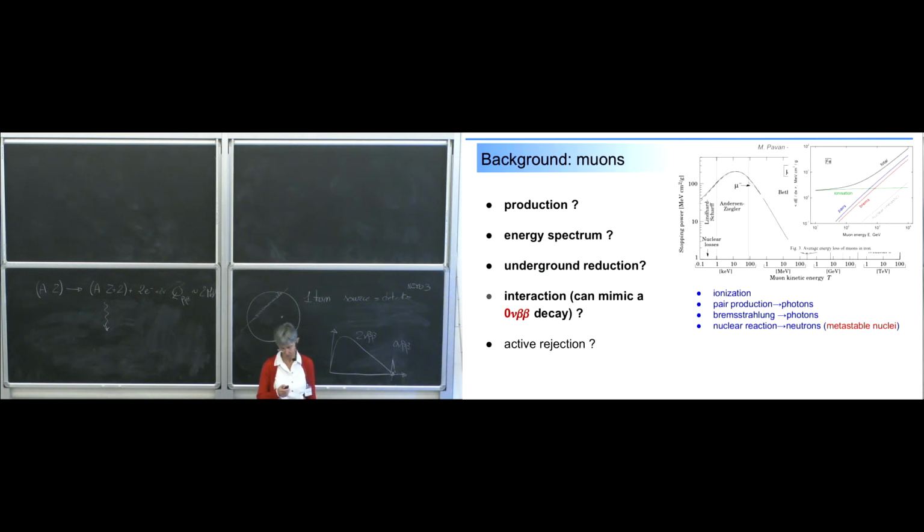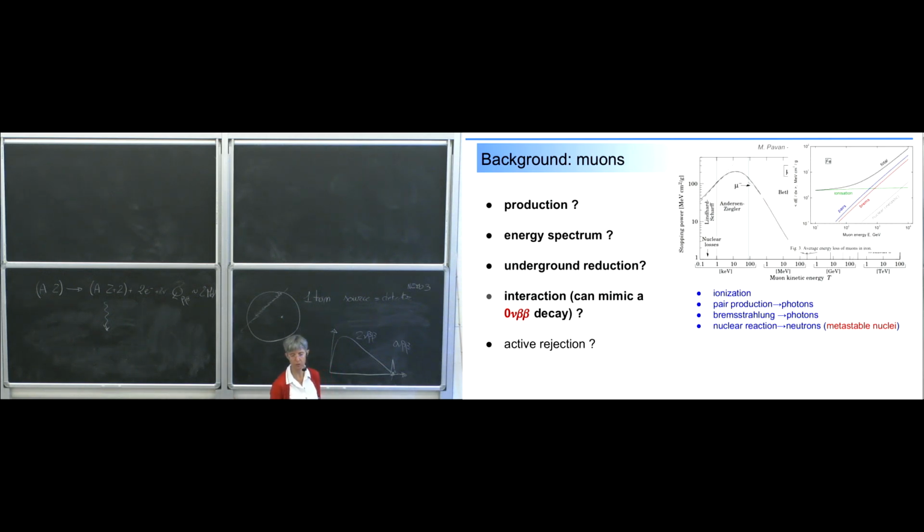And one kind of interaction that is particularly dangerous is when in some way muons produce neutrons and give rise to metastable nuclei.